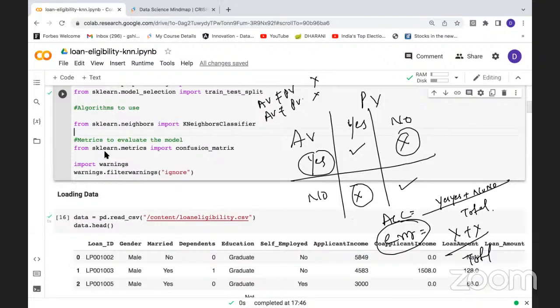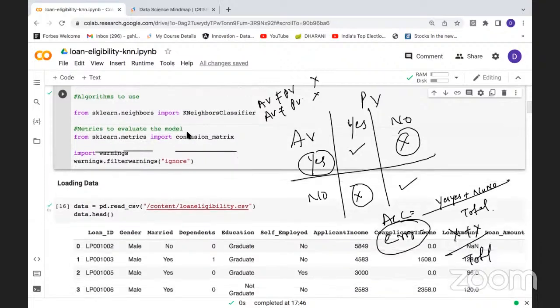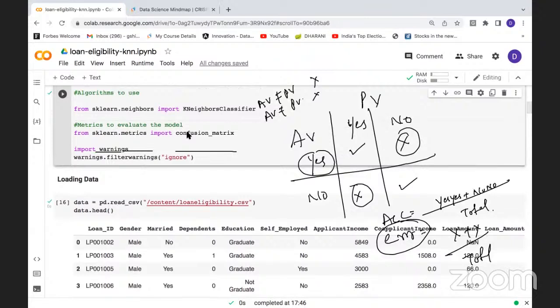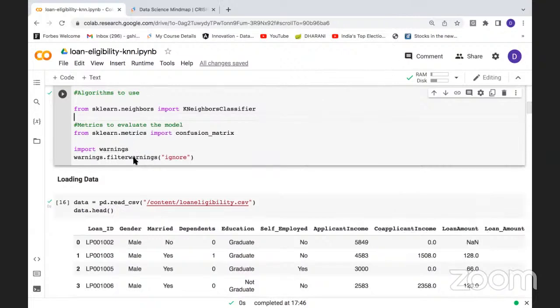This output is available in sklearn as a confusion matrix function, or crosstab in pandas. If you have any warnings, you say please ignore those warnings.